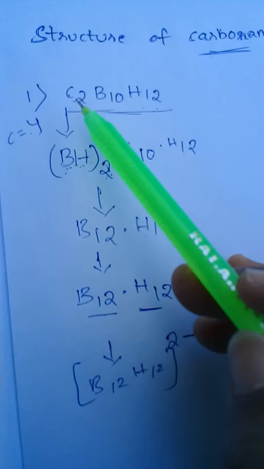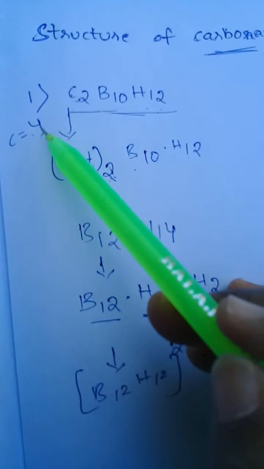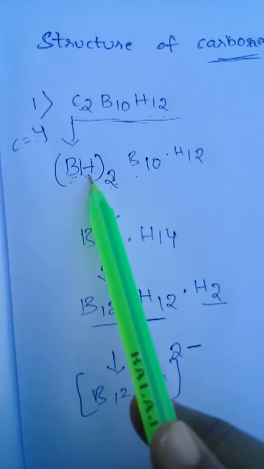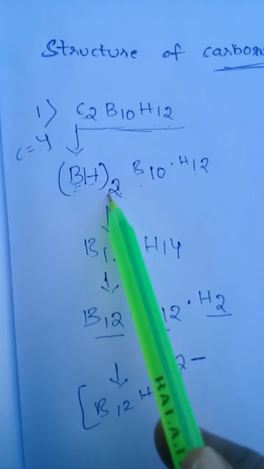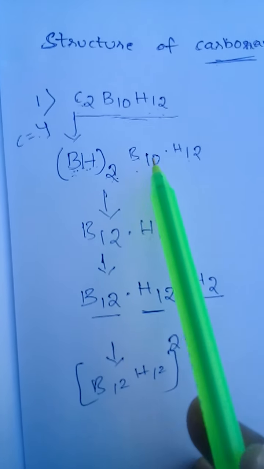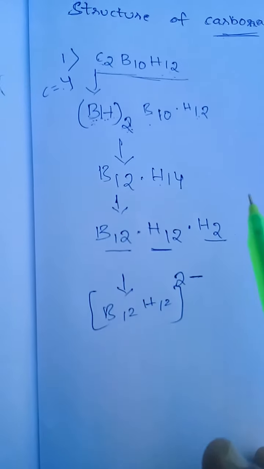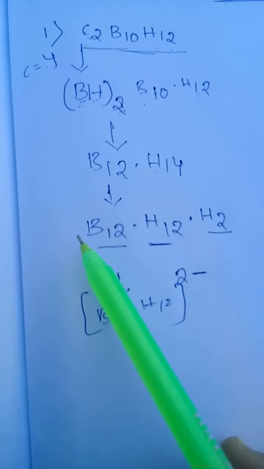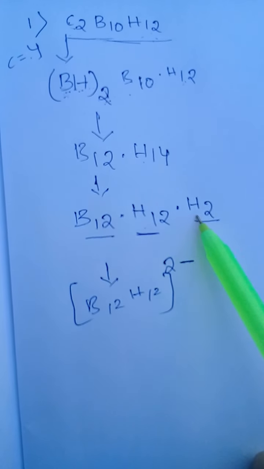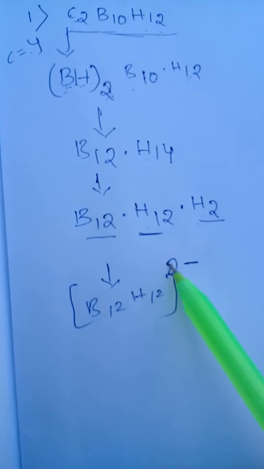See here C2B10H12. For each carbon, valence electrons 4, and in the place of carbon we take BH. So 2 carbons are present, so BH twice, B10H12 as usual. So total how many borons and how many hydrogens? B12H14. So hydrogens are written equal to boron, B12 and hydrogens 12. The remaining hydrogens are 2, and in the last step the remaining hydrogens are written as charge.